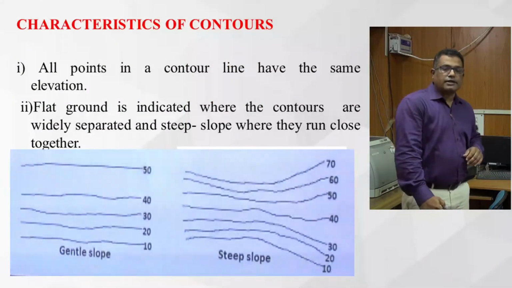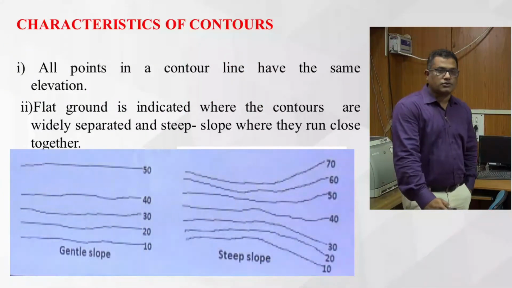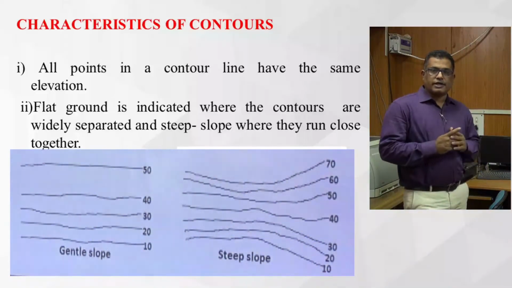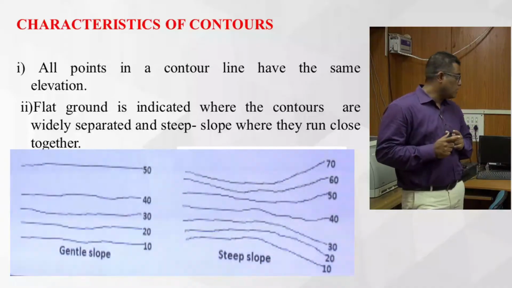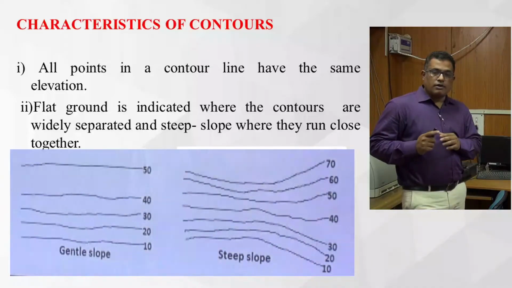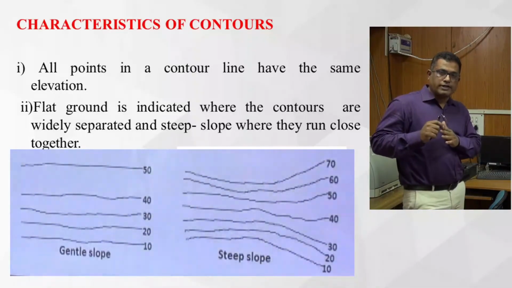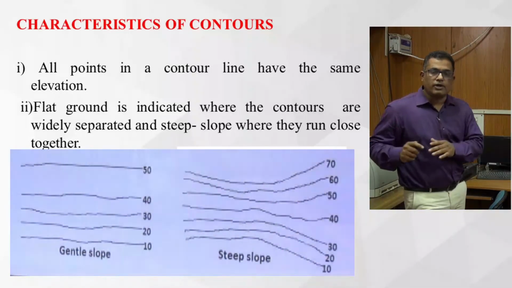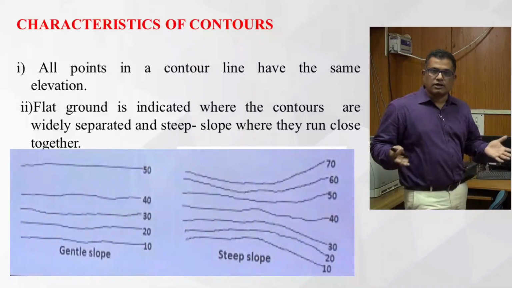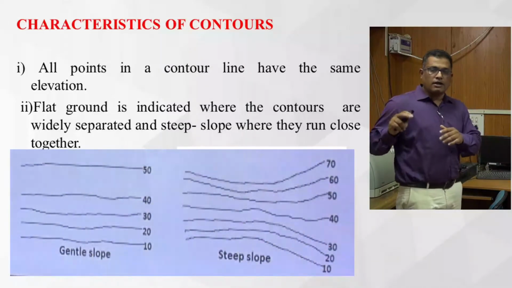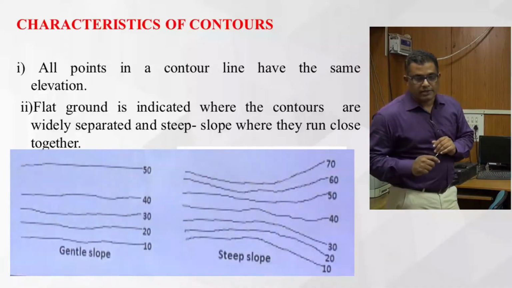There are certain characteristics which are associated with contour lines. The first characteristic is that all points on a contour line will have the same elevation. That is what the definition says as well. Each point on the contour line represents the same elevation.